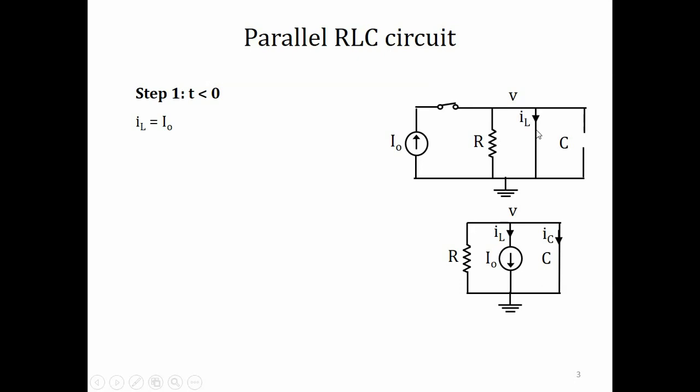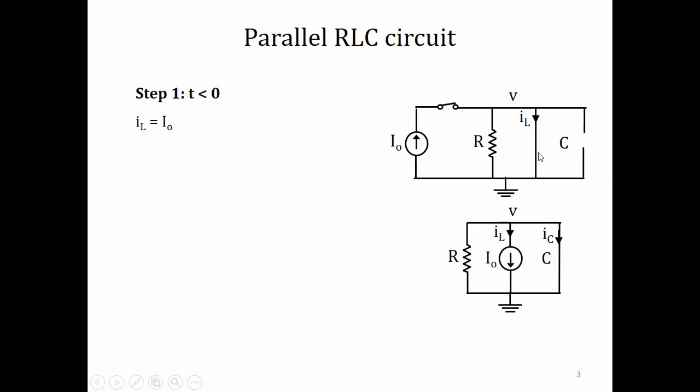So the inductor behaves as a short circuit, the capacitor behaves as an open circuit, and we want to find the inductor current and the capacitor voltage for t less than 0, because as we've seen before, those are the only 2 quantities that will not change when the switch opens.